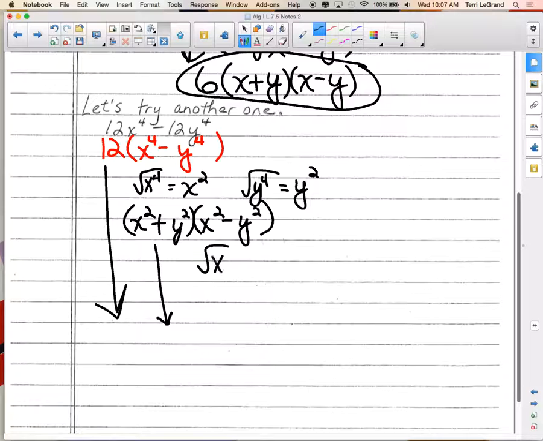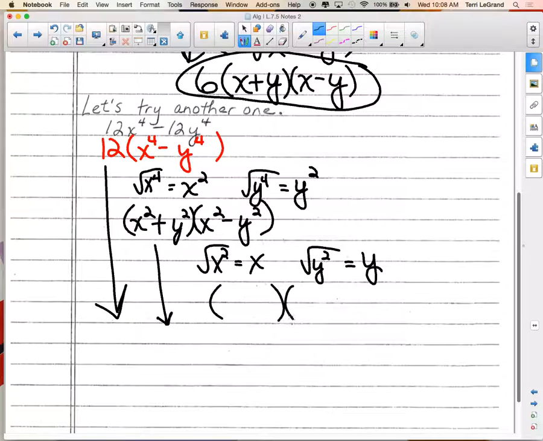Can we take the square root of x squared? Yeah. What is it? x. Can we take the square root of y squared? What is it? y. Well then that makes this a difference of squares.